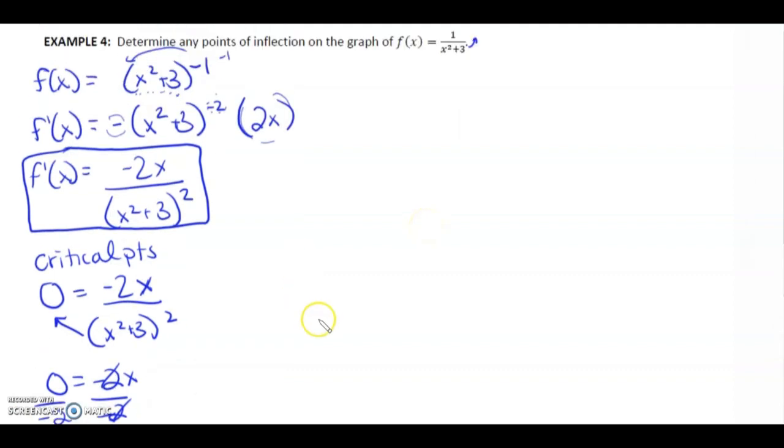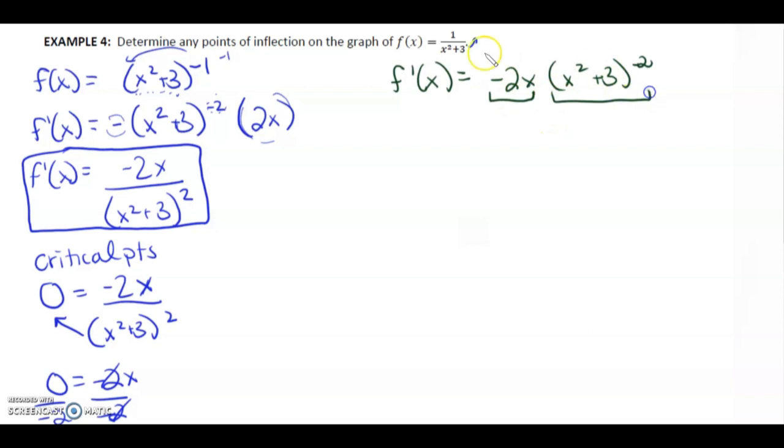Okay, so now let's find f double prime. So f prime of x, let's take this one here because everything's in the numerator. So we have negative 2x bracket x squared plus 3 to the negative 2. Okay, so this is one term, this is another term. So this is u, this is v. Because this is product rule, we're going to go u prime v plus u v prime.